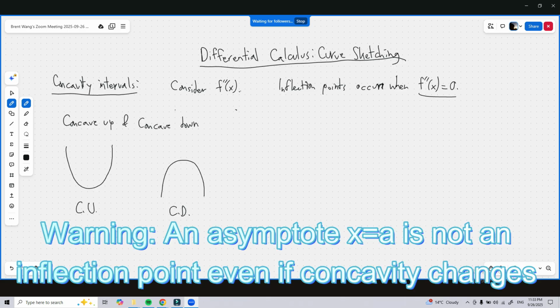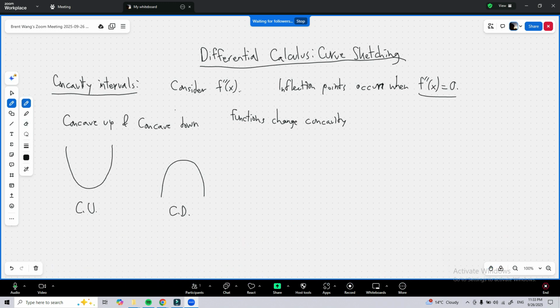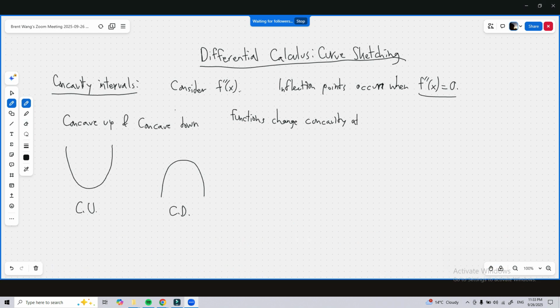Functions change concavity when functions change concavity at inflection points and asymptotes.